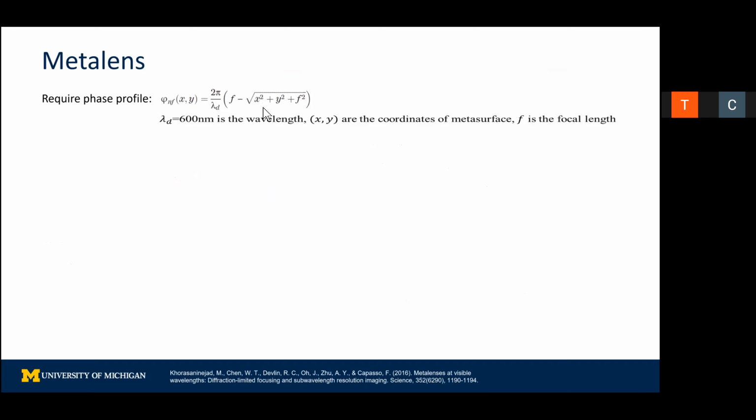Once you have this phase profile, in each coordinate you have the desired phase. Then you just pick from the table we had before. You create a table in terms of the structures, like the height, the width, different shapes, anything like that. And you just pick the desired phase and put that structure in that coordinate.